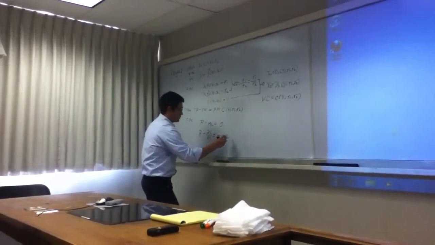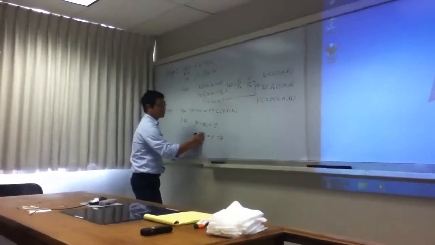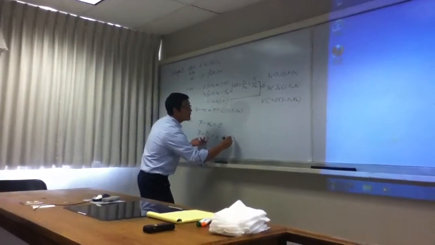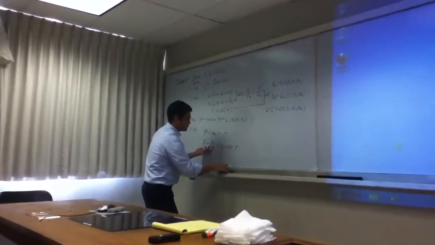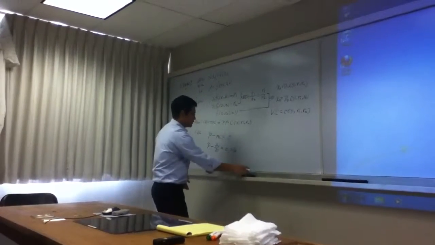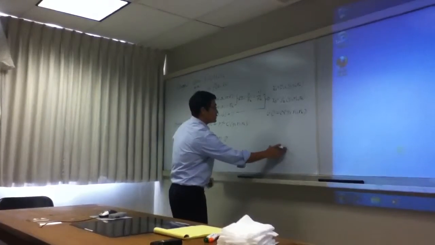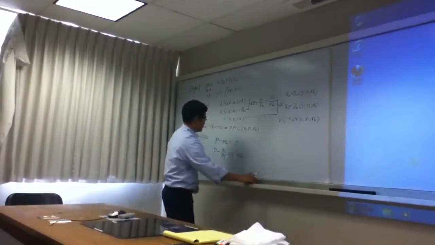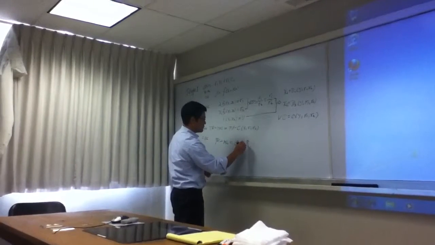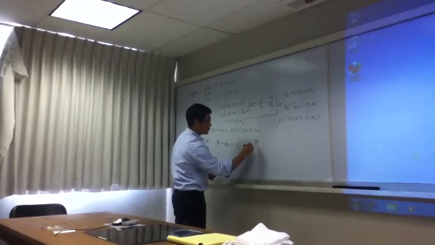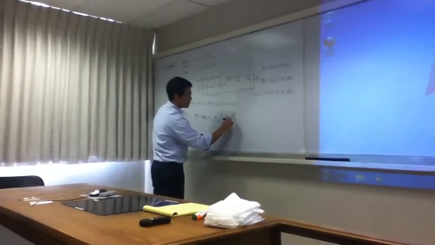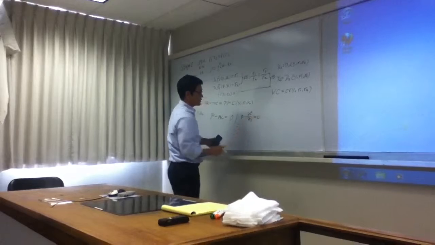Now this y: P minus the partial of cost is equal to 0.